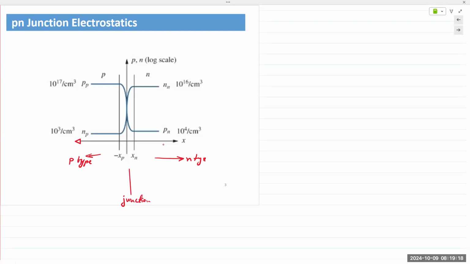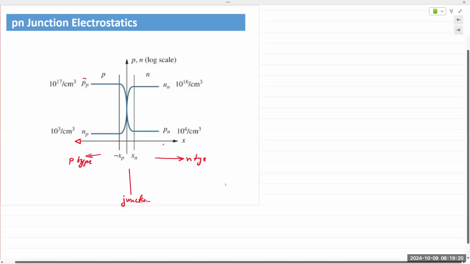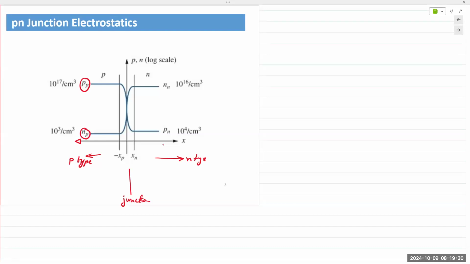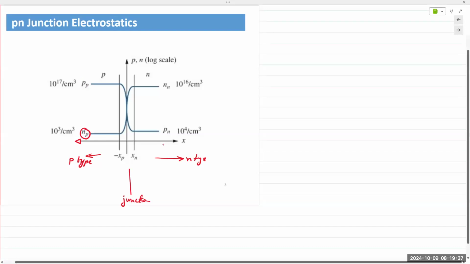Now, in P-type material, of course, the number of holes is higher than the number of electrons. Again, remember, N is used to indicate the number of electrons. P is used to indicate the number of holes. So Pp means the number of holes in the P-type material.